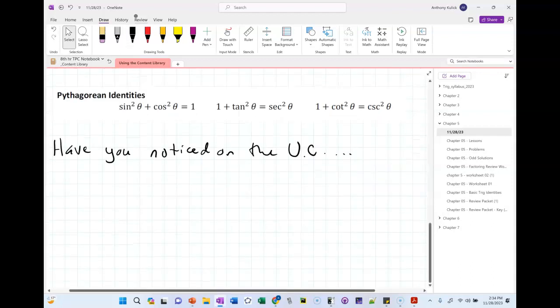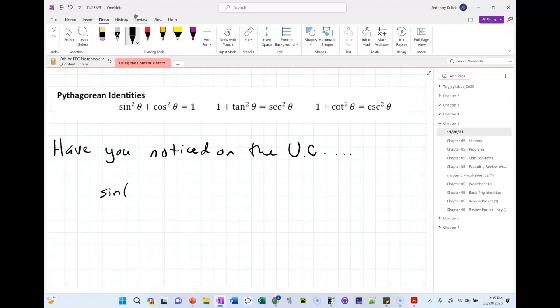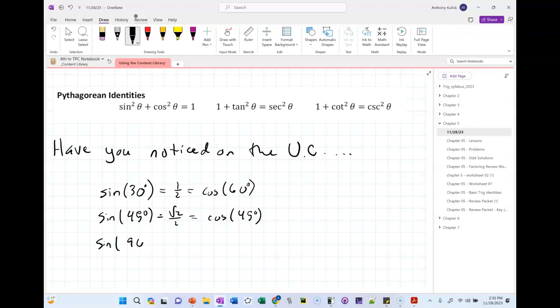So the next set, if we look at the unit circle, have you ever noticed that sine of 30 degrees is 1/2, but that's also the same thing as cosine of 60 degrees? Or maybe that sine of 45 degrees is equal to root 2 over 2, and cosine of 45 degrees is also that? Or that sine of 90 degrees is equal to 1, and so is cosine of 0 degrees?